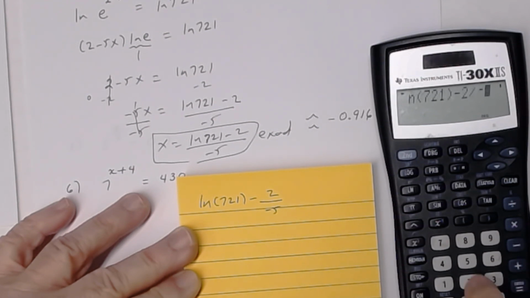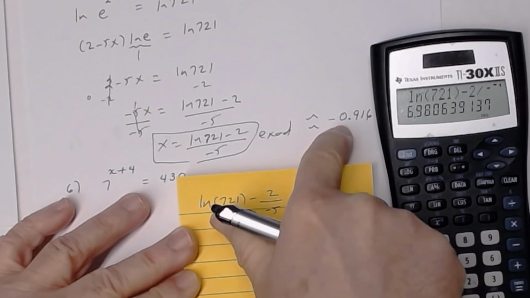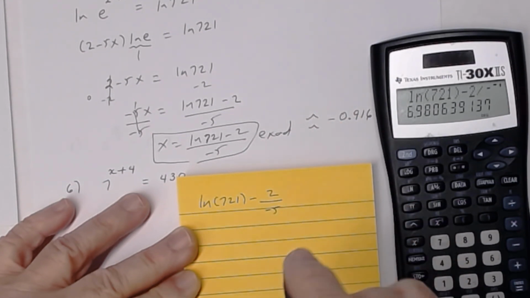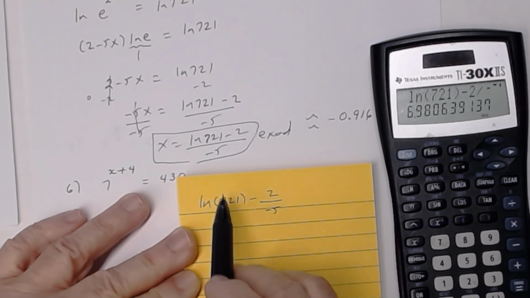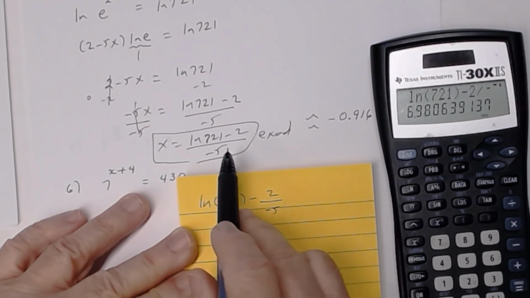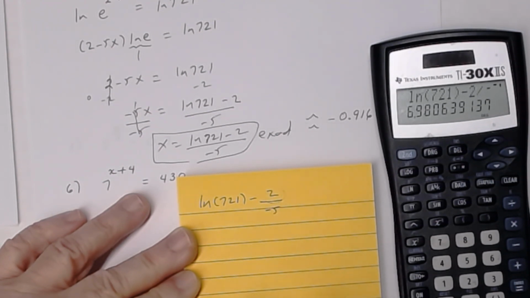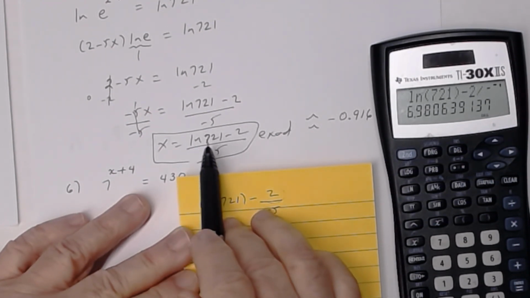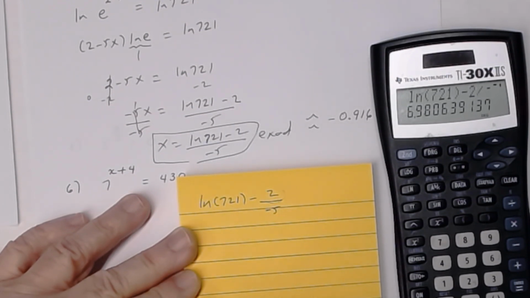All right, divide by negative 5 and then press equal. That's what you get. That's not the same thing as this. See that? Because what you just did was this. You said the natural log of 721, subtract 2, and only this 2 is being divided by negative 5. When this problem says everything in the numerator has to be divided by negative 5.